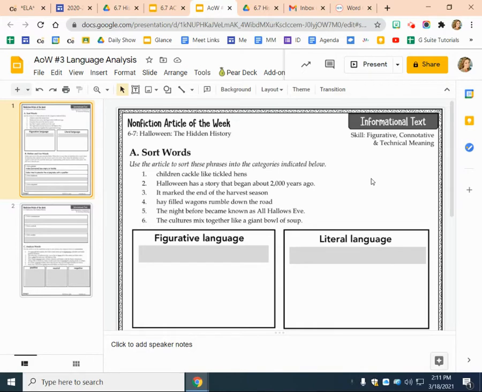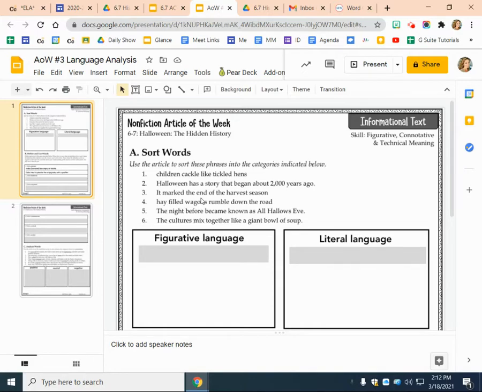The children are not hens. They're not literally hens. It's a figure of speech. In fact, this is actually a simile. It's comparing the way the children laugh to the sound that hens or chickens make.